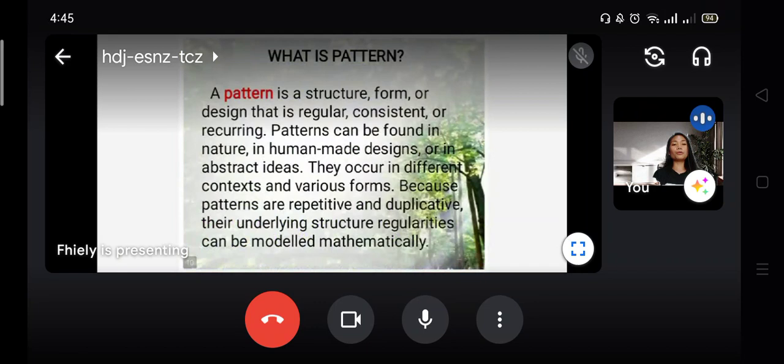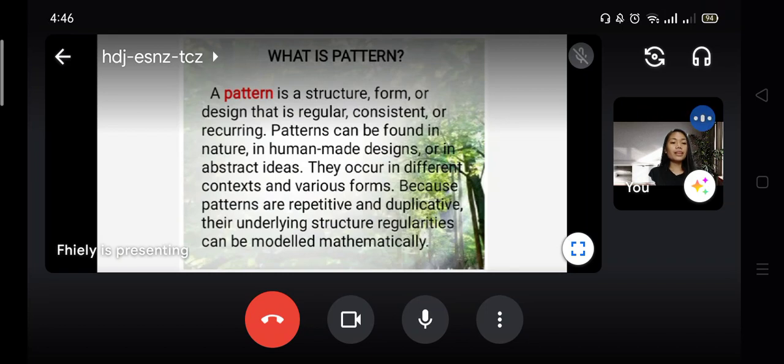So our topic for this afternoon is the different kinds of pattern. But first, we have to define pattern. What is pattern? A pattern is a structure, form, or design that is regular, consistent, or recurring. Patterns can be found in nature, in human-made design, or in abstract ideas.